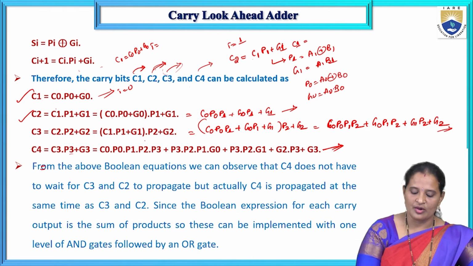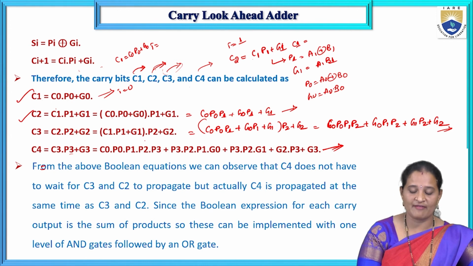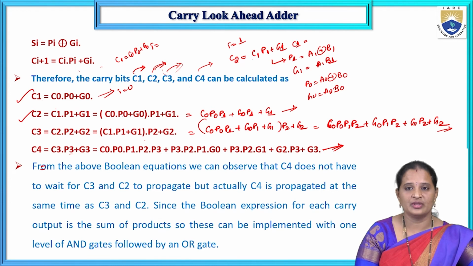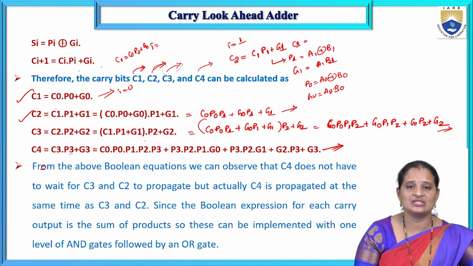Okay? So from the above Boolean equations, we can observe that C4 does not have to wait for C3 and C2 to propagate, but actually C4 is propagated at the same time as C3 and C2. Since the Boolean expressions for each carry output is the sum of products, these can be implemented with one level of AND gates followed by an OR gate.